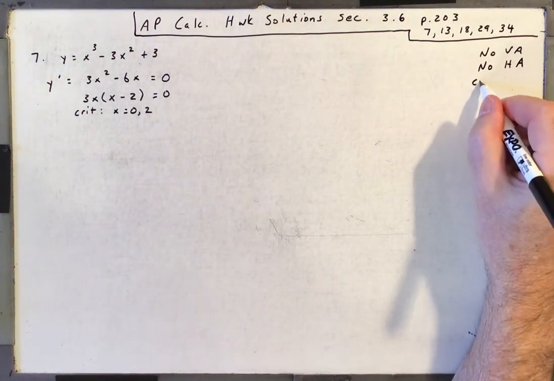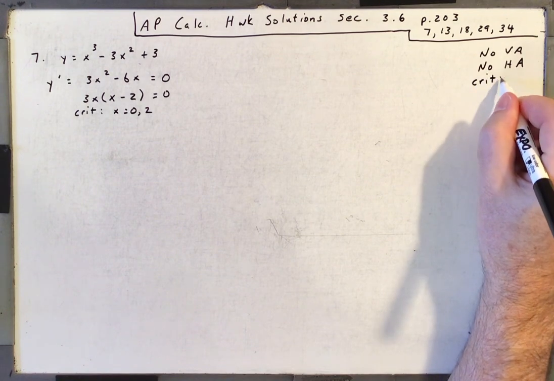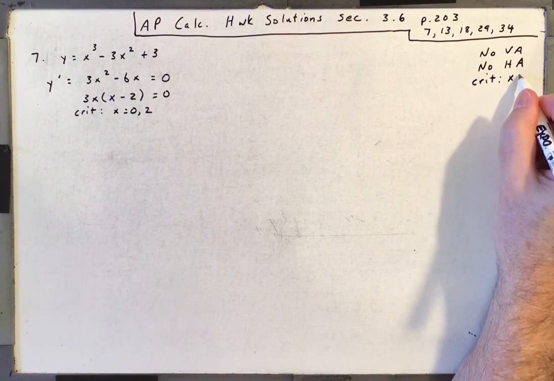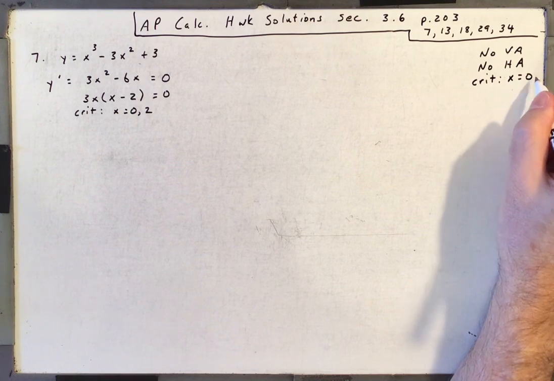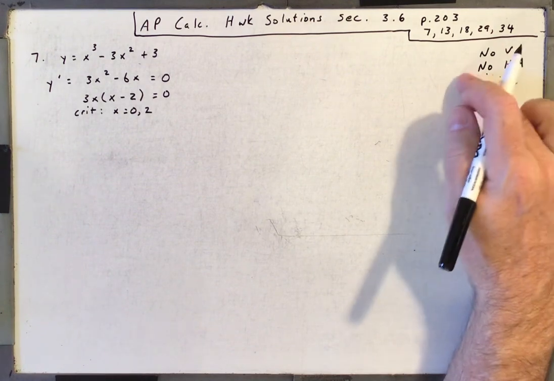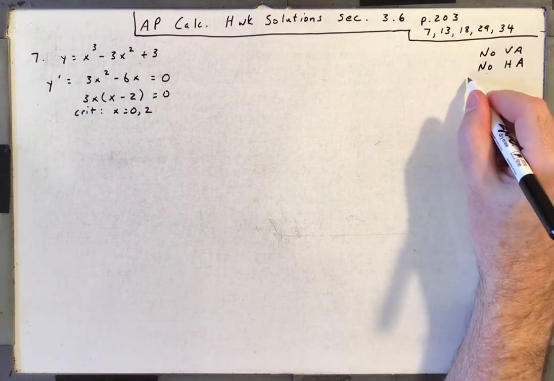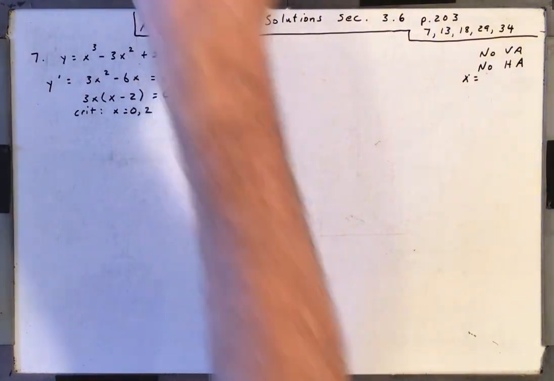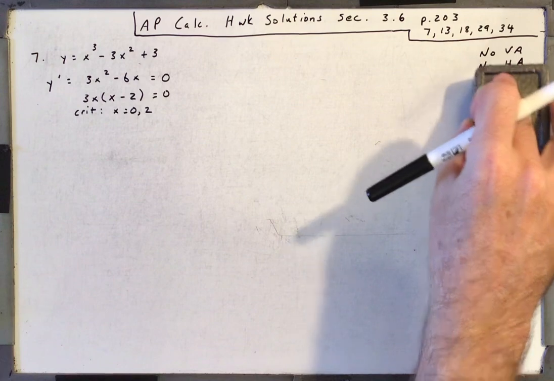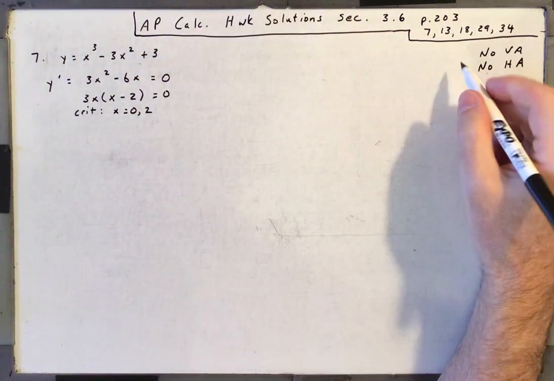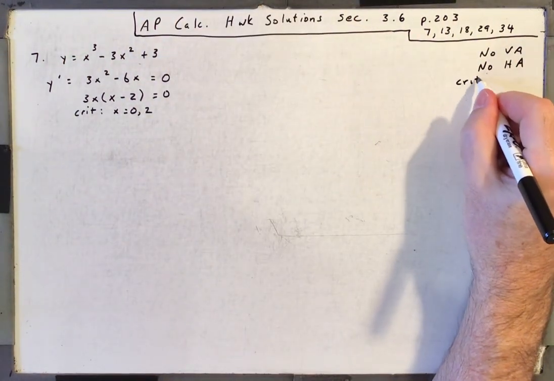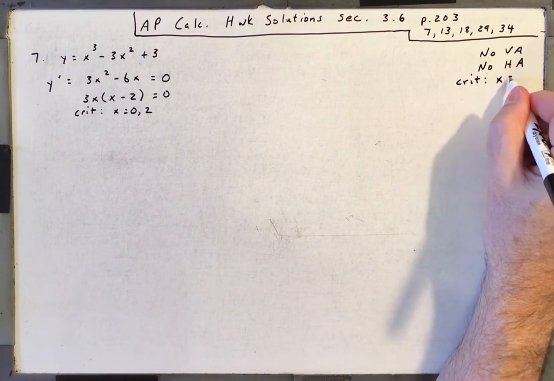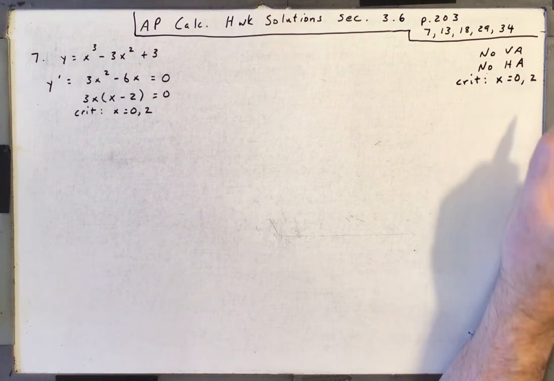I don't worry about giving the y value of those, but it's critical points x equals 0 and 2.